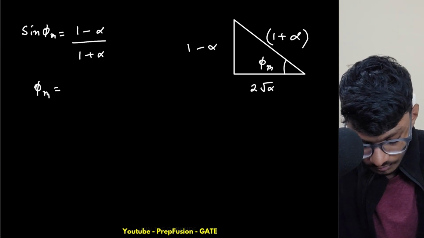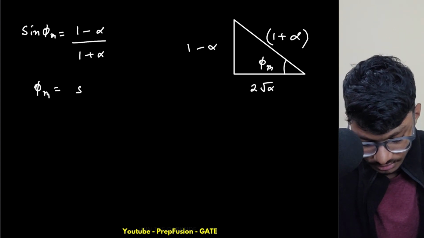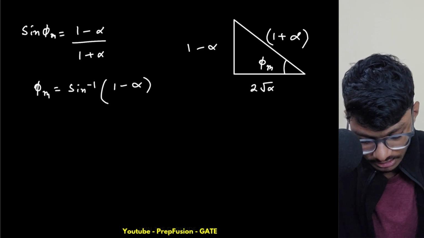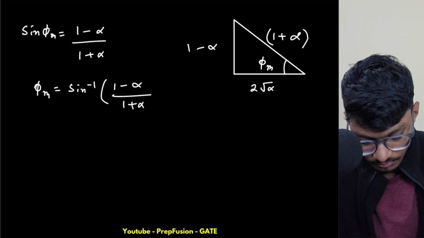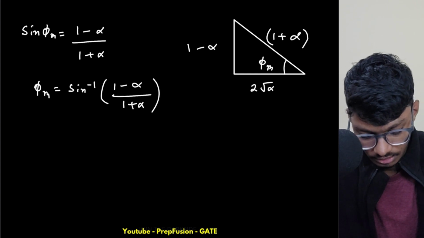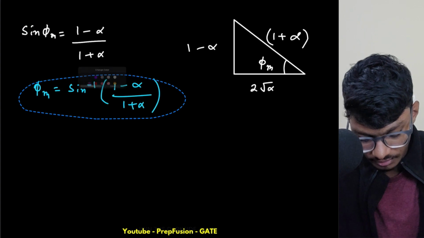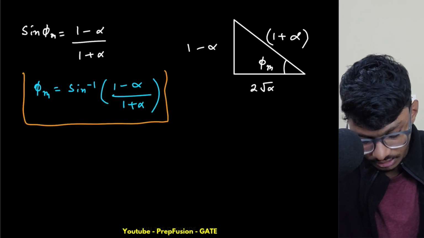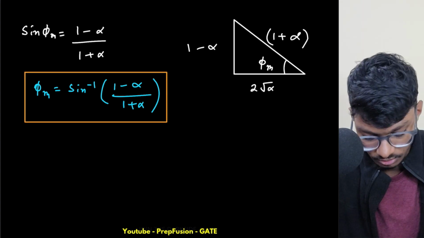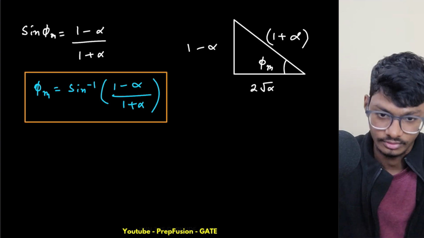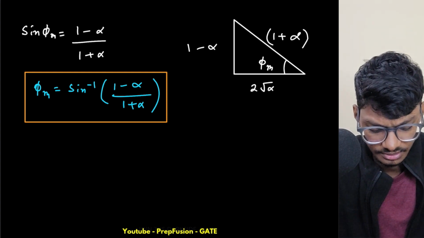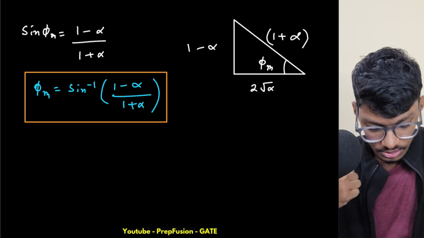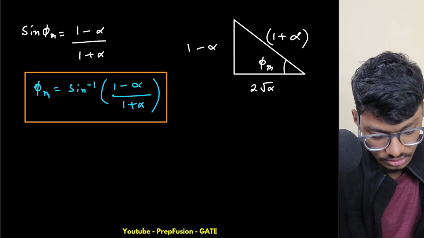So phi m will be sine inverse of 1 minus alpha divided by 1 plus alpha. You can remember this formula. This is a very important formula, or you can simply remember this triangle and derive whatever you find suitable from there. Okay, cos phi m is simple only. That's 2 under root alpha divided by 1 plus alpha. I'm not writing it. Okay, so these are the things that you need to remember.